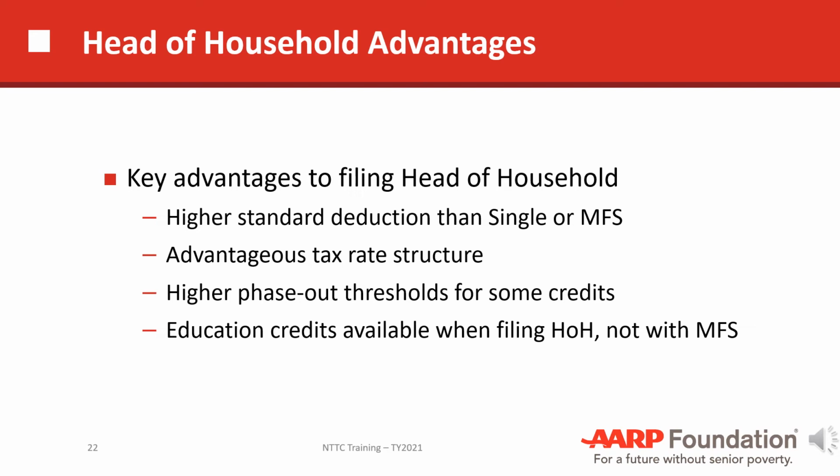And you may ask, well, what in the world is a phase out threshold? Well, generally for credits, the taxpayers qualify for credits if their income is within a certain range.